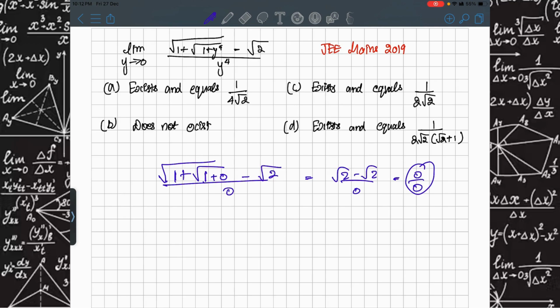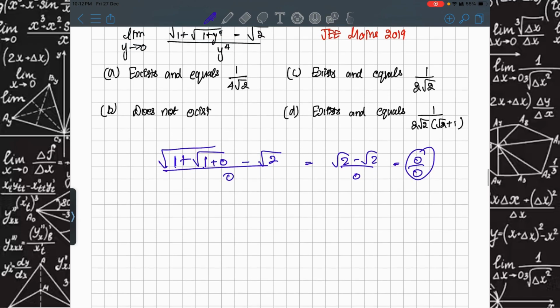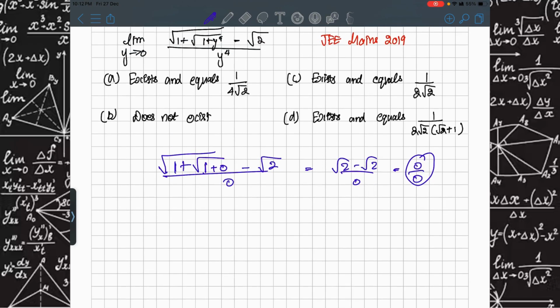One of such methods is rationalization. If square roots are there, to eliminate them we should always use rationalization. In most JEE questions, if you properly rationalize and simplify, you'll get the correct answer in less time. So let's get started with it.